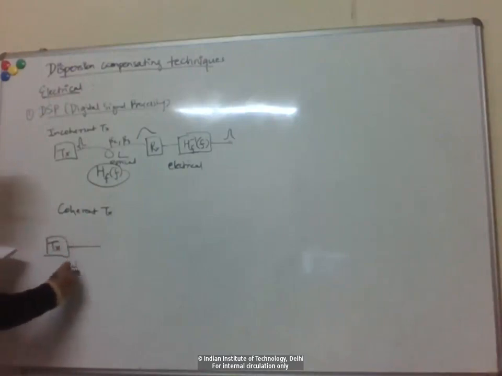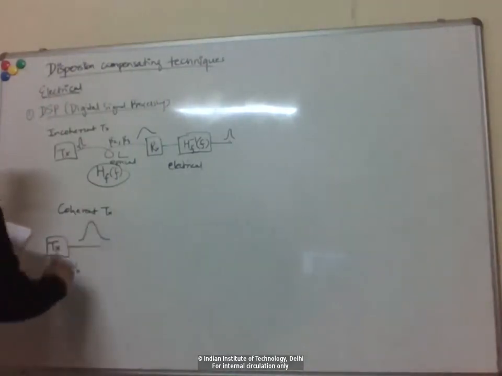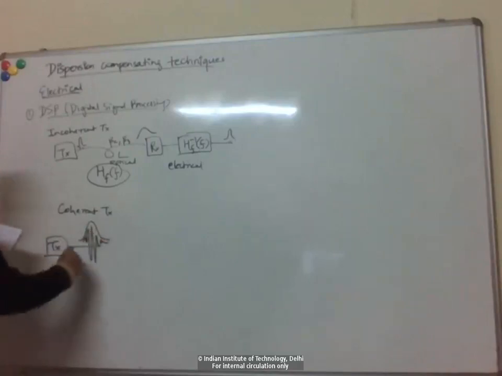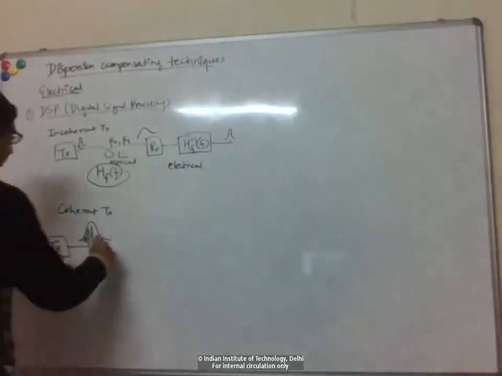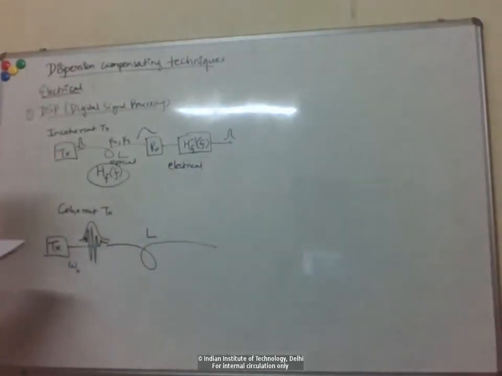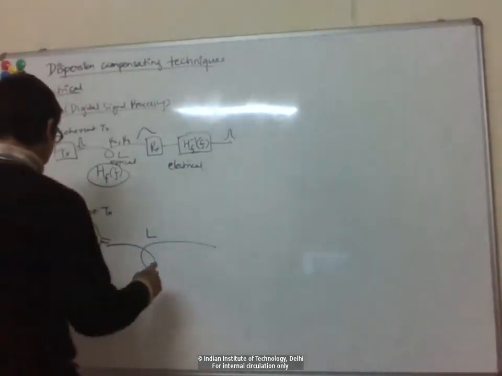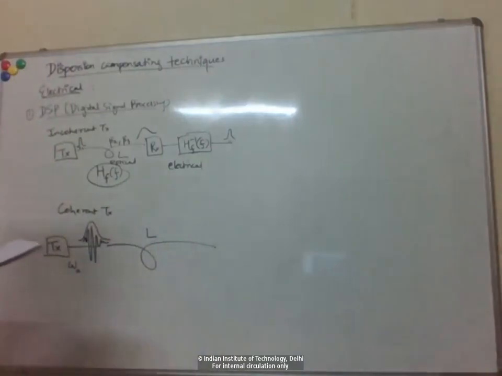Here there's a coherent source like a laser at a particular frequency omega naught, and then we are making some pulses here. So there's a carrier frequency at omega naught, and then propagating through this fiber, we know that the pulse gets chirped.